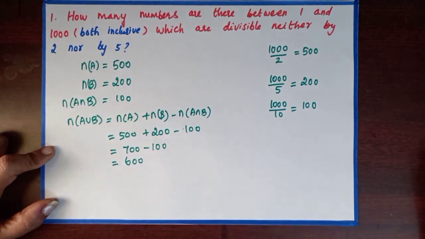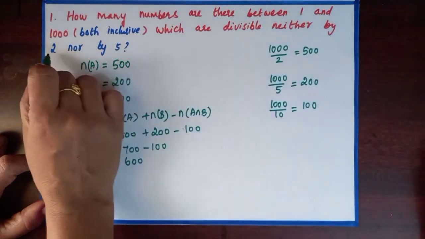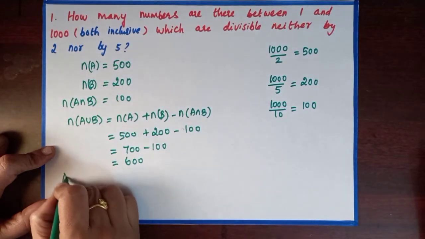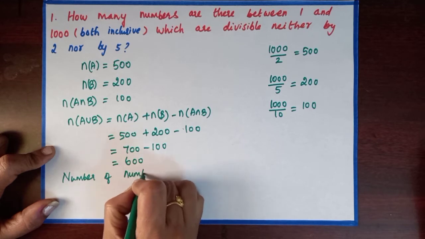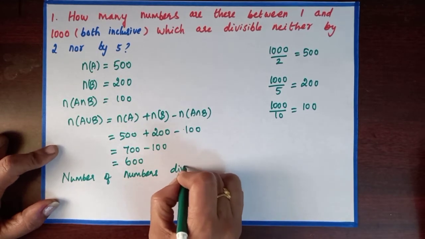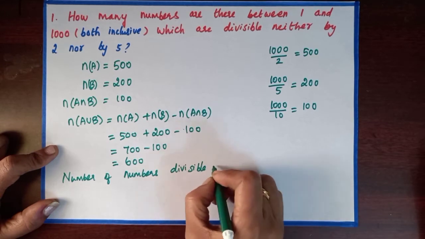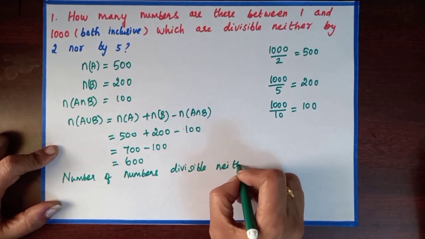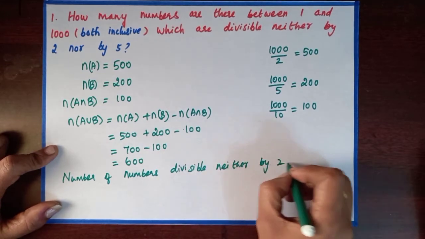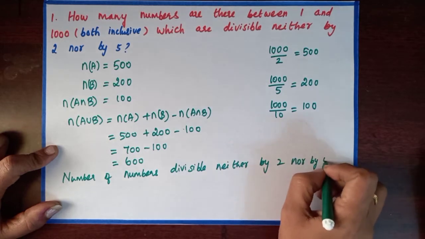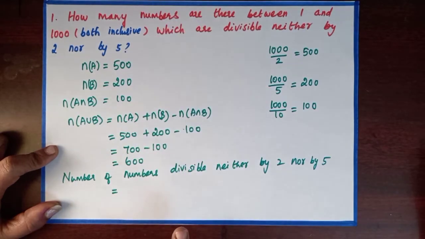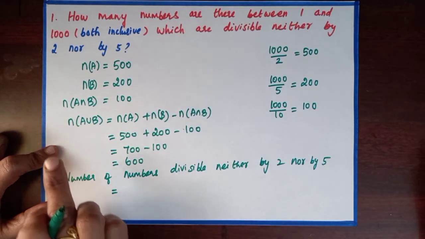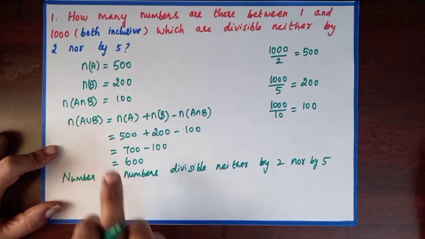Now I need to find number of numbers divisible neither by 2 nor by 5. Number of numbers divisible neither by 2 nor by 5 is equal to difference between the total numbers and numbers of numbers divisible by 2 or 5.